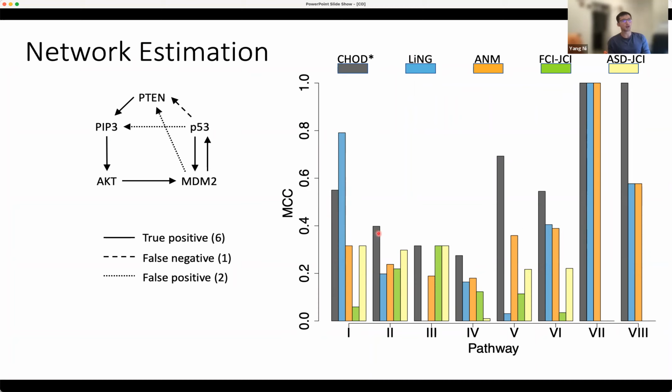Overall, the black bar, which indicates our method, is very good. By the way, the measure MCC is a measure of errors, and higher is better. From this plot, it looks like our method performs very well compared to the state of the art for this data set.